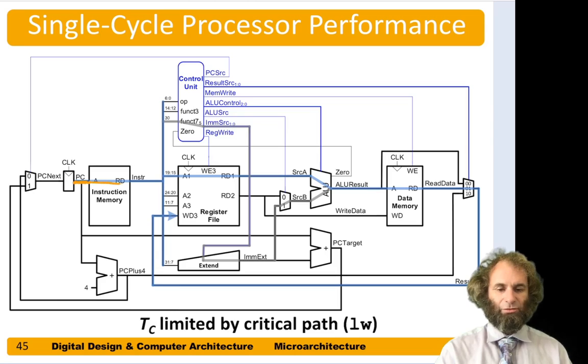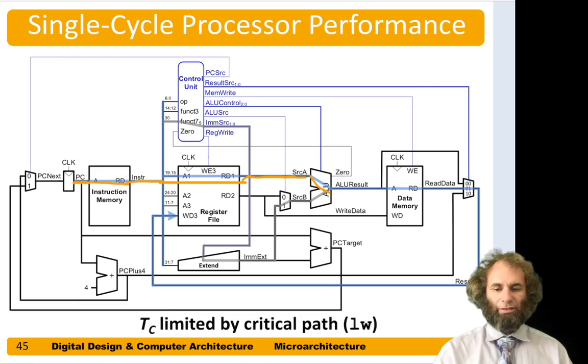We go into the instruction memory, and we've got to wait to read out the instruction. Then we fork, and we have a couple different paths. Let's start with the blue path, where we are accessing the register file. So we provide some bits from the instruction to the register file, and we wait to read out the data. Then that goes in as source A to the ALU.